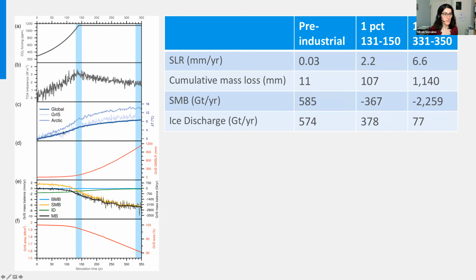So this is global mean temperature increase. The global is the thick one, and the one in the Arctic is almost double. So I think the Arctic amplification is something like 1.7, and this is the Greenland ice sheet temperature.